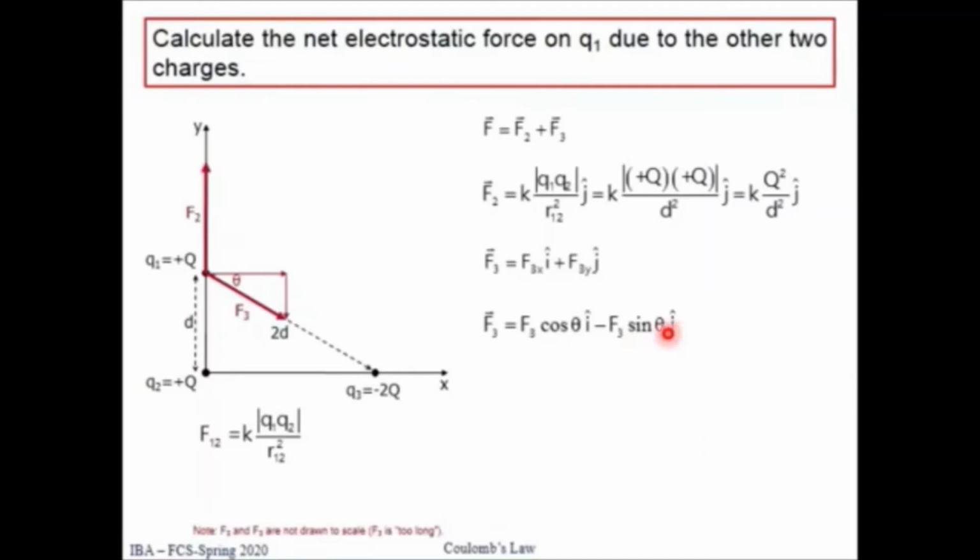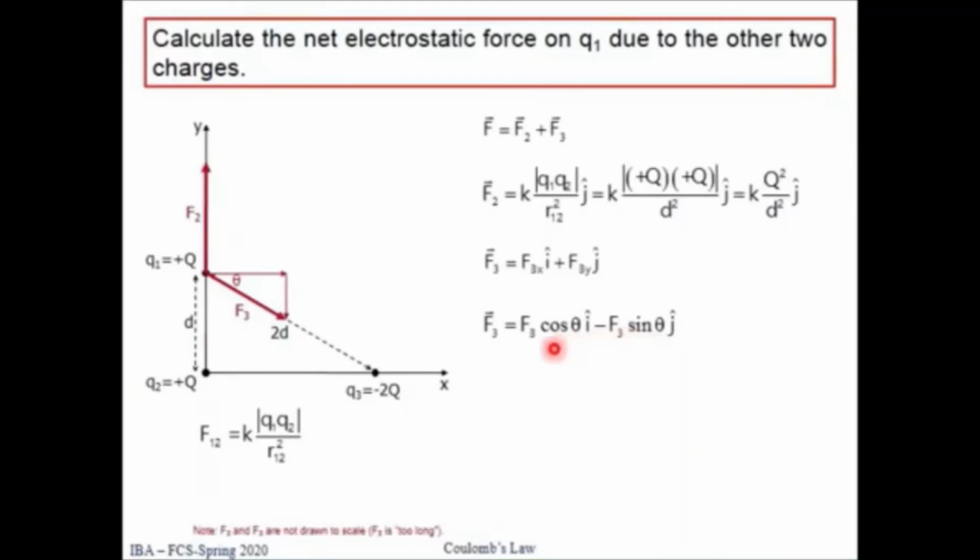J is the vertical unit vector, but keep in mind this negative sign is incorporated here because the vertical component is in the downward direction. Initially we defined the upward vertical component as positive. Consequently, the downward vector will be taken as negative. So this is the F3 vector: F3 cos theta i cap minus F3 sin theta j cap.